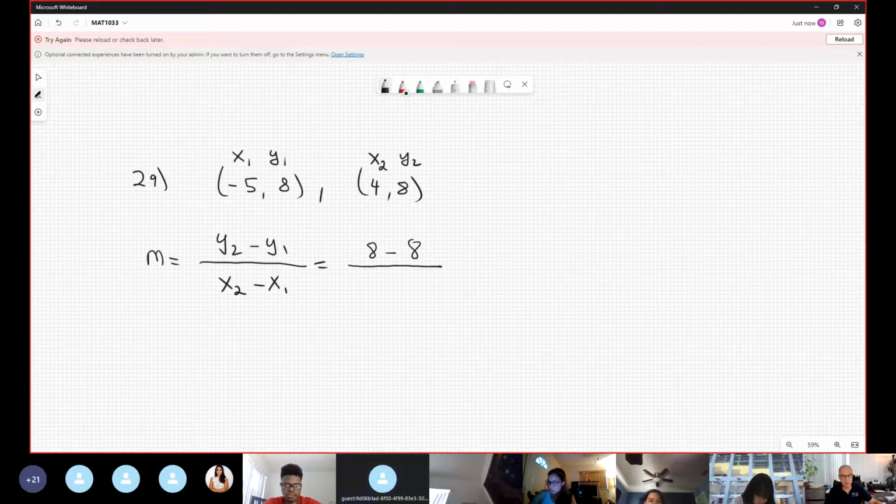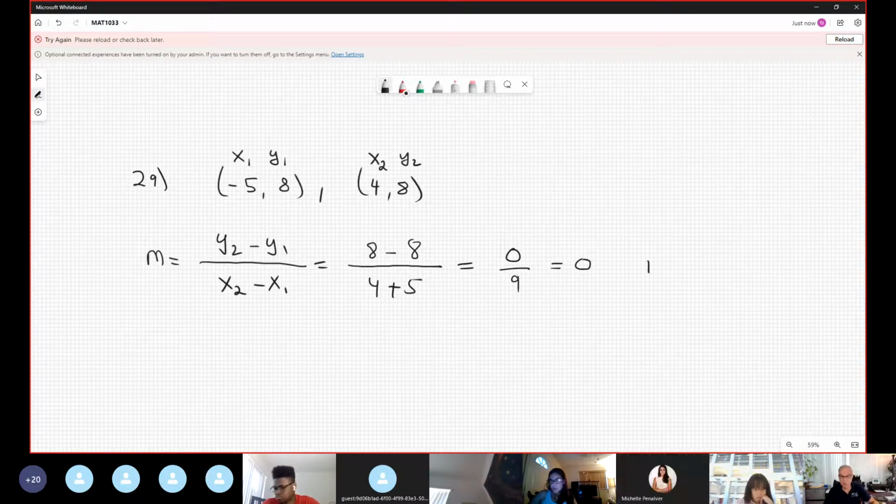Yeah. So when you see 0 divided by any number, it's 0. But okay, let me finish. X2 is 4. Minus x1 is negative 1. Double negative becomes positive. It's 9. 0 divided by 9 is 0. And the answer is 0, according to option B.